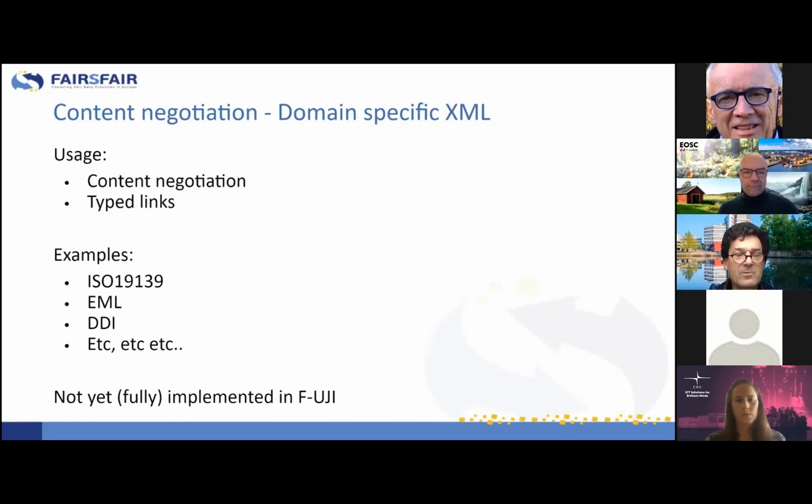But examples for standards which can be used to do this are this ISO standard for geographical information, the EML for ecological information. Of course, DDI has something like this, and a lot more, but the implementation of this is ongoing and, well, will take some time.